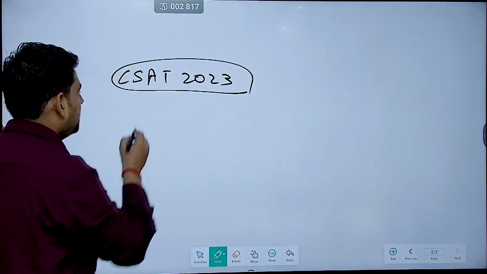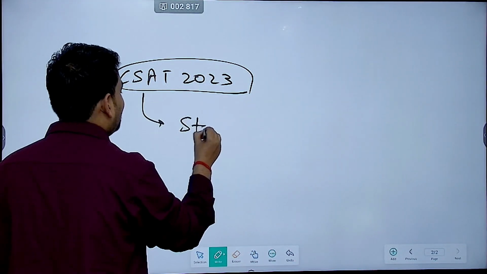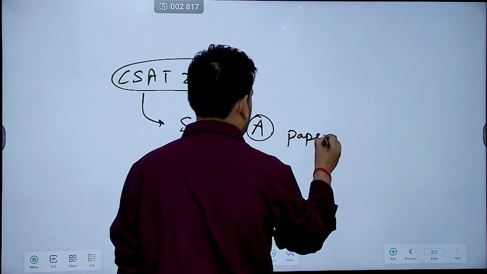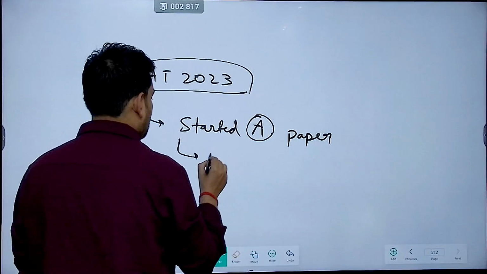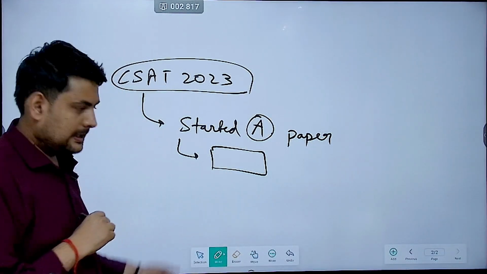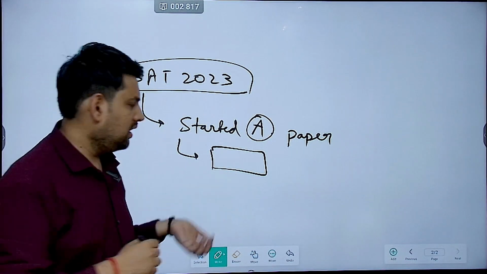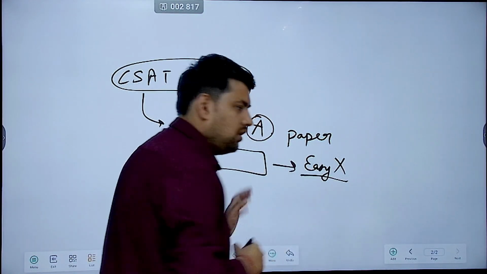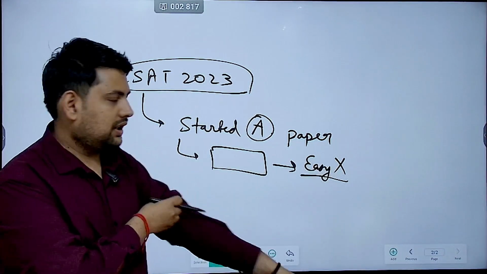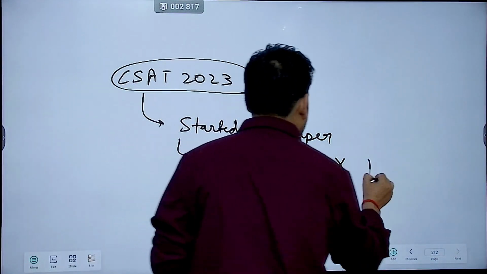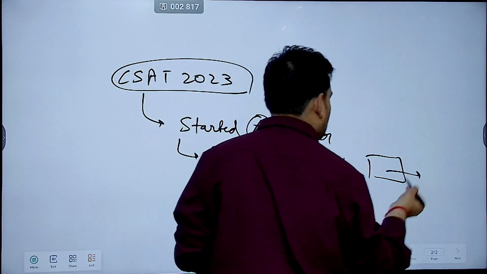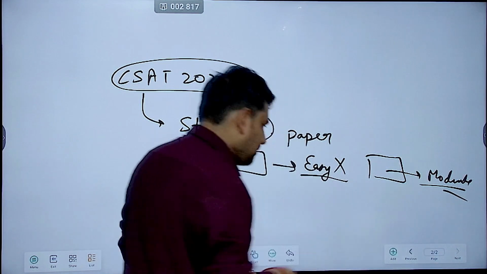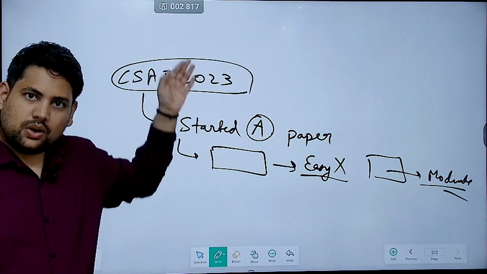They started attempting the paper, and they would see a question, read it, and try to attempt it, only to realize that this is not an easy question, so it should not be in the first iteration. They left it. Again, for some question they thought it was moderate, so they should not do it. So they went through the whole paper.